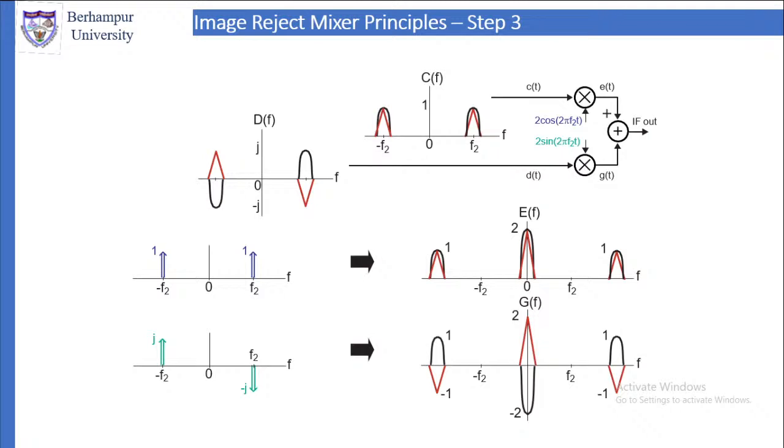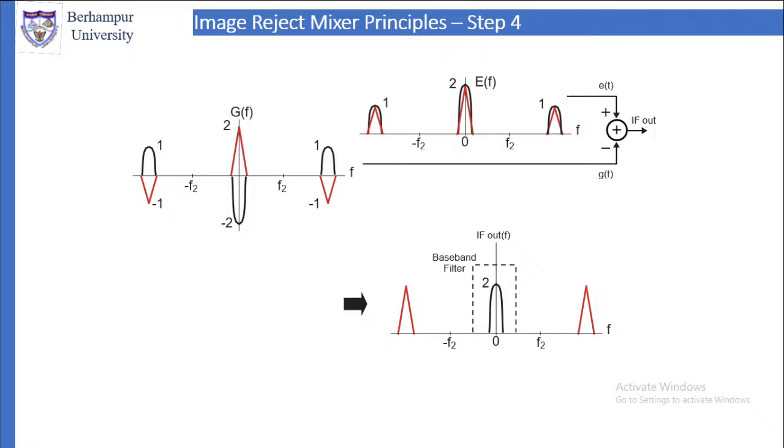So ultimately the image is removed. Use a band pass filter or low pass filter around the desired signal, and you can recover the IF output.